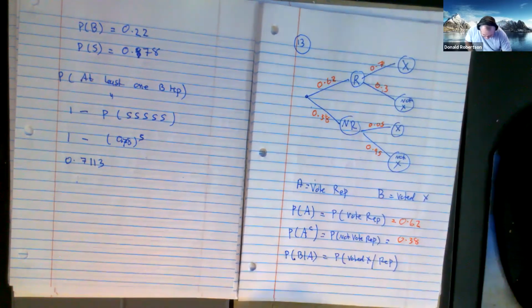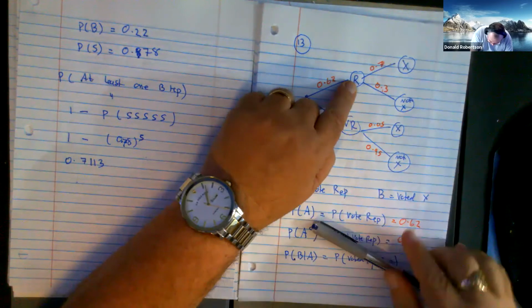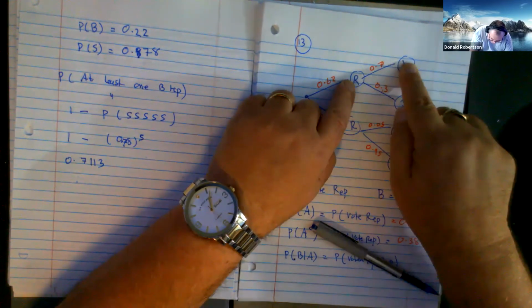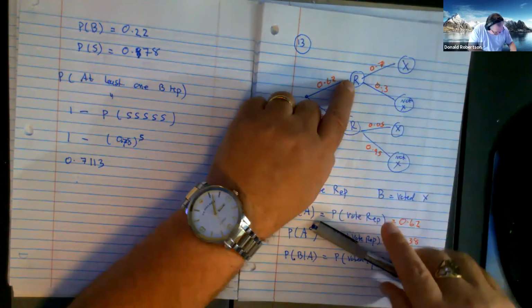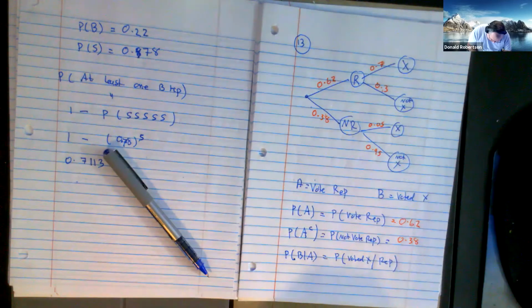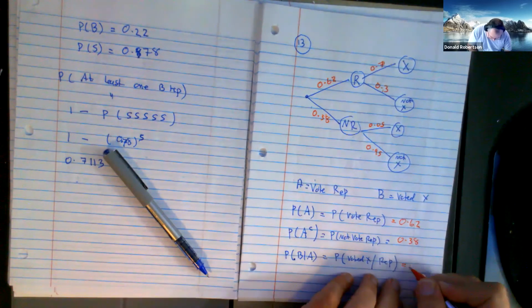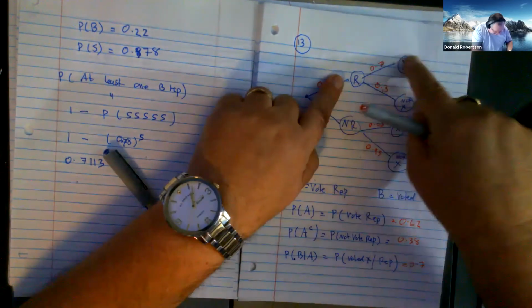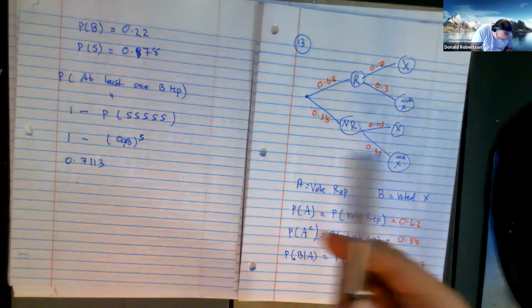If you tell me you're a Republican, which is this guy here, that's the people who voted for X, 0.7. I got that number by saying, okay, I know you're a Republican, so what's the chance you were X?